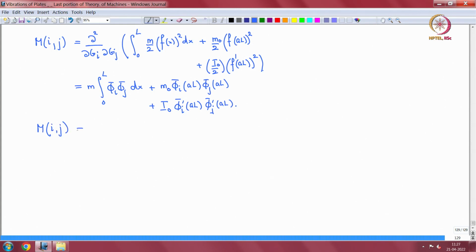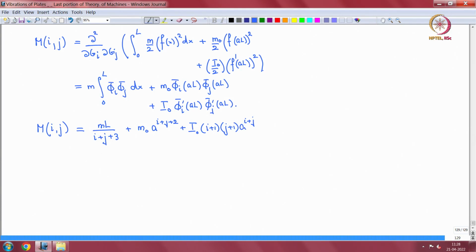The ijth element in the mass matrix looks like mL by (I plus j plus 3) plus m0 a to the power I plus j plus 2, plus I0 (I plus 1)(j plus 1) a to the power I plus j.